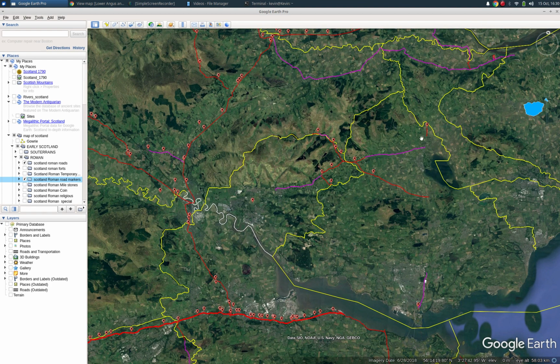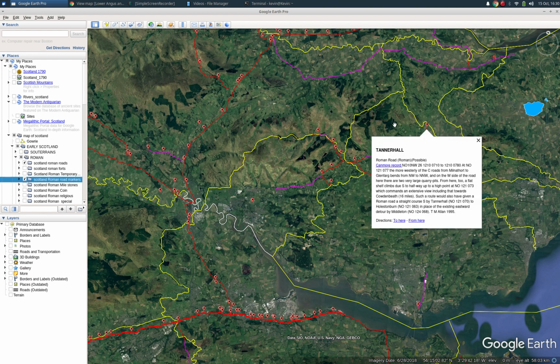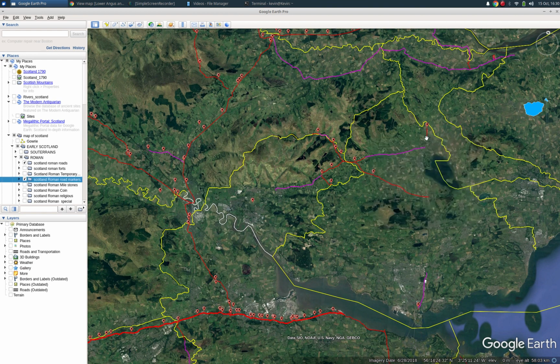The pink lines, as I said, are possible or probable routes, but we don't have archaeological evidence to prove it, in as much as this one here, although we do have archaeological evidence further up here that shows that the Romans did build a road there, but we just don't know the exact route of this, how it joins from here to here.